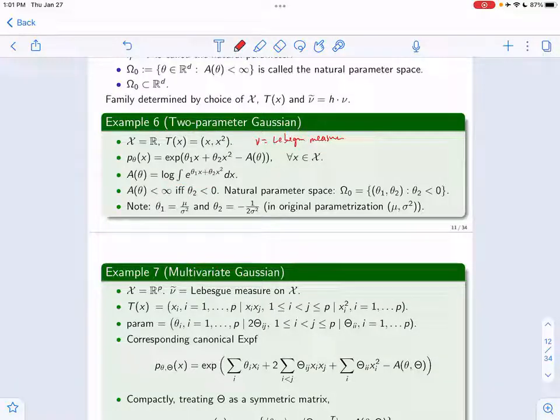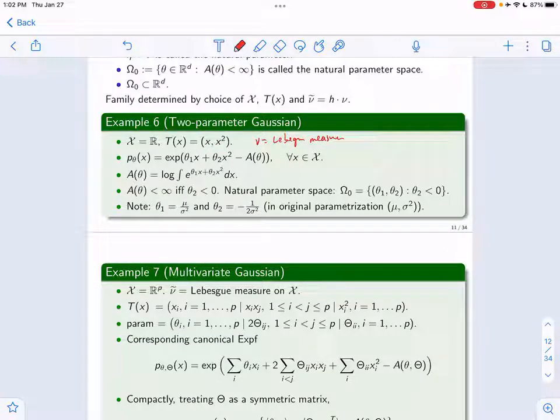You can easily see that theta 2 has to be negative for this to be finite, and so the natural parameter space would be that. It turns out that this would just give you the normal family. So a natural two parameter family whose sufficient statistic contains x and x squared over R would be a Gaussian. If you just pick x, you would get, let's say, the exponential family. If you pick x, x squared, and x cubed, you get a different family.